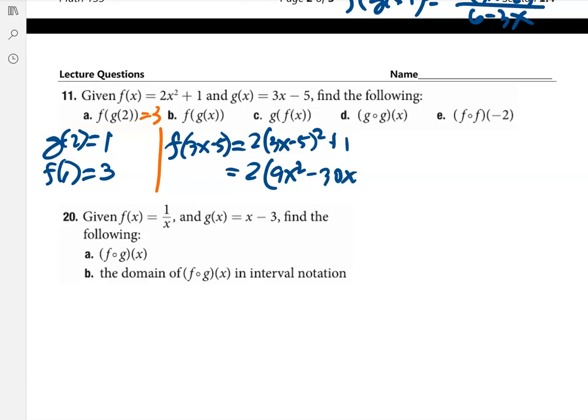And then square of 5 is plus 25, plus 1. So that is 2 times 9 is 18x squared minus 60x, 2 times 25 is 50, plus 1 is 51.